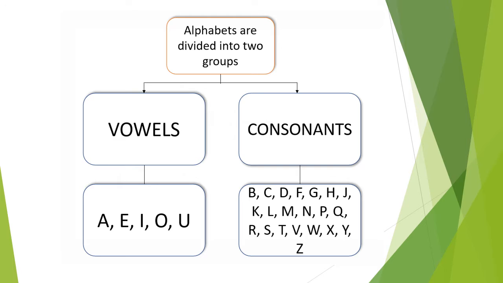The vowels are A, E, I, O, U, and the consonants are B, C, D, F, G, H, J, K, L, M, N, P, Q, R, S, T, V, W, X, Y, and Z.